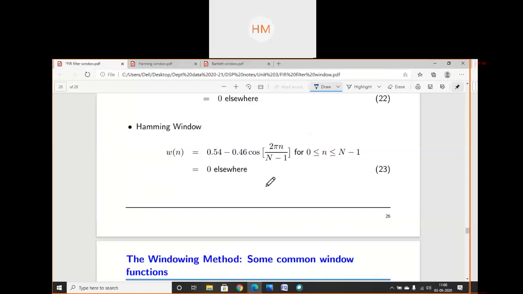Write down the causal Hamming window function is expressed by w_H of n.